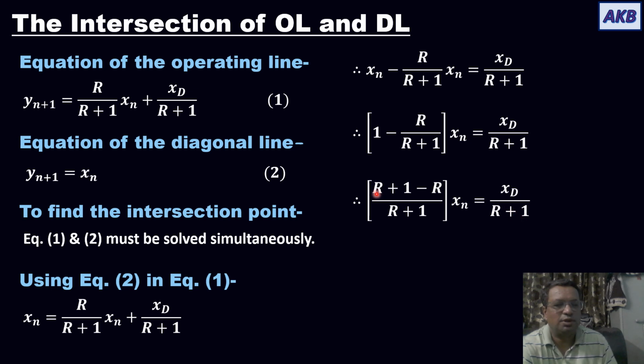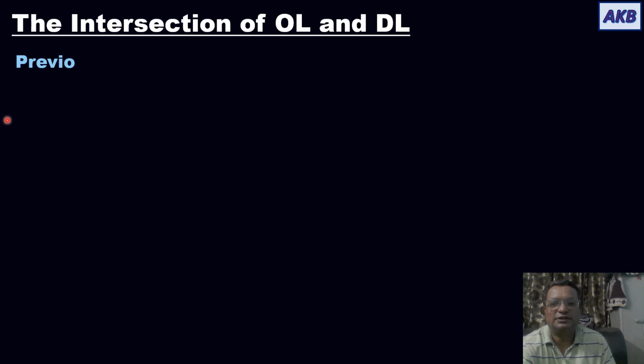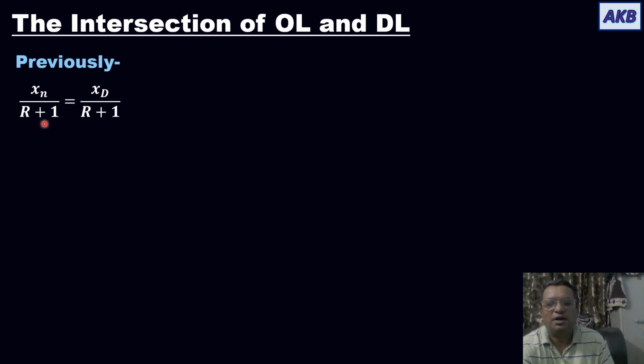Next, r minus r will be 0, so it will be xn upon r plus 1 is equal to xd upon r plus 1. So we get xn upon r plus 1 is equal to xd upon r plus 1, and now r plus 1 on both sides will get cancelled, and I will get xn is equal to xd.